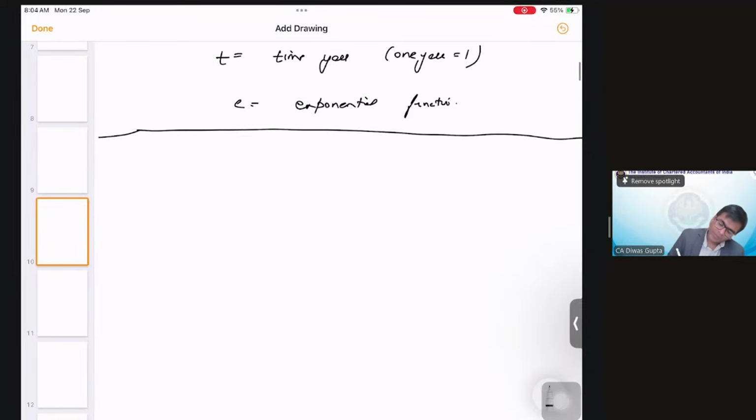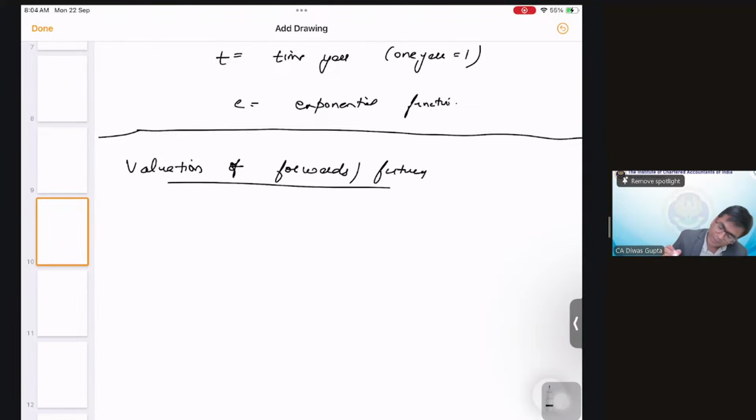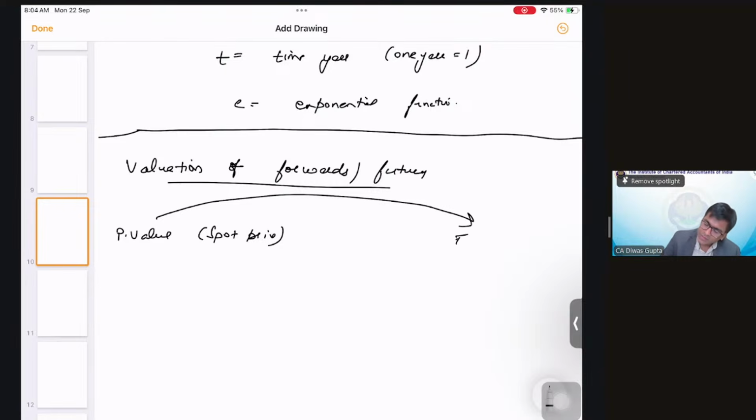Now let's come to the concept of valuation of forward/futures. The present value, which is equal to the spot price, can be transformed into the future value of the spot price, right?